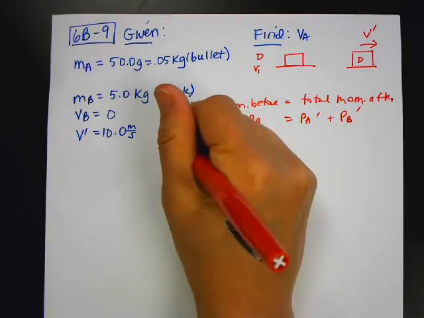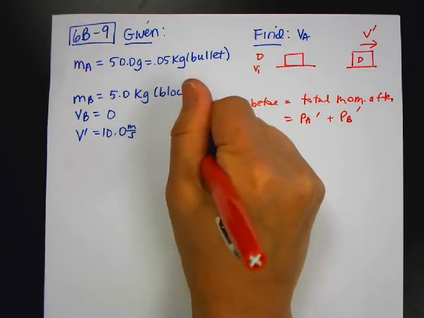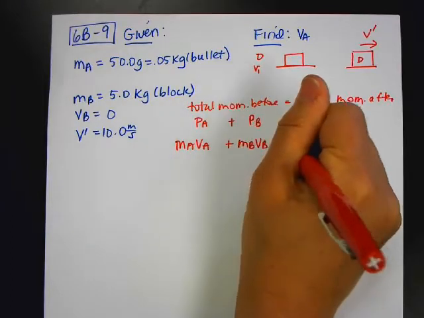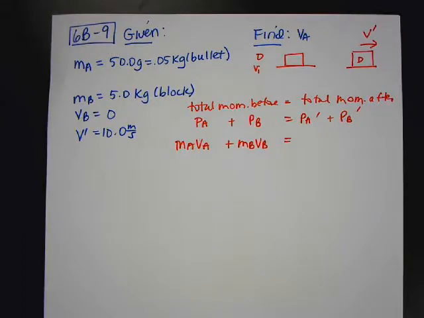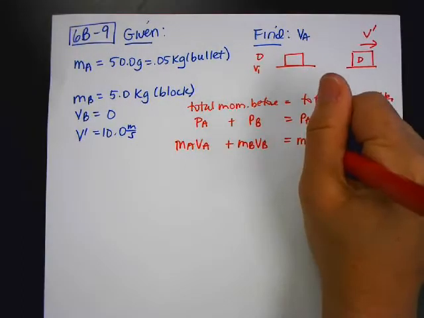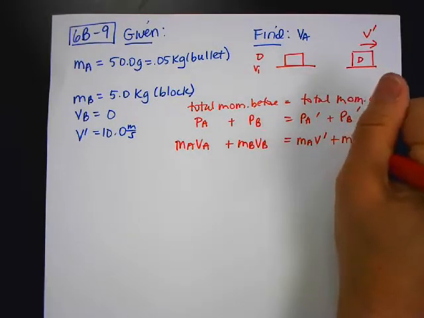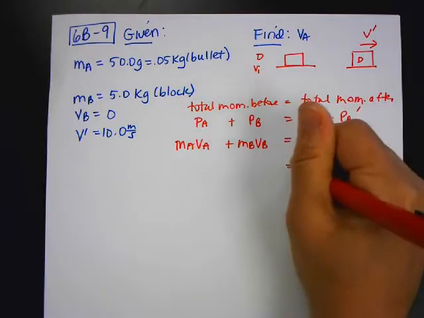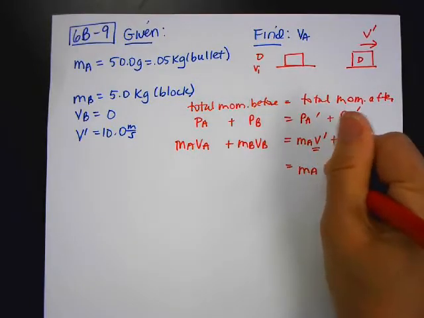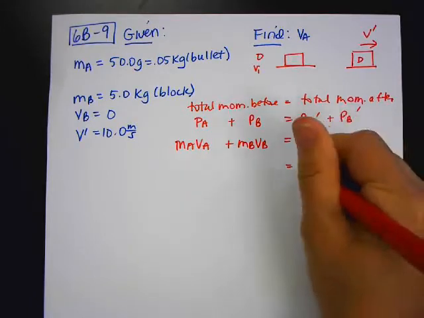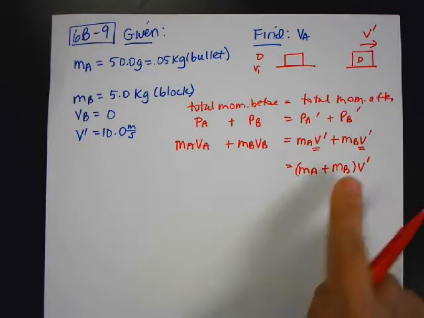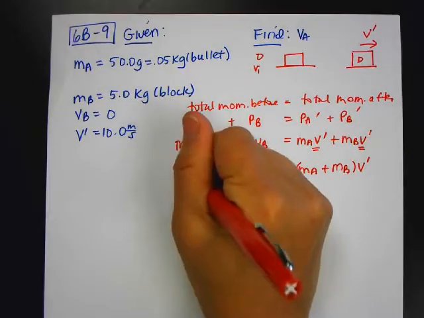The momentum of A is going to be MAVA, and this is going to be MBVB. I'm just going to derive the equation we're going to use. So this is going to be MAV prime plus MBV prime. Because these both have the same velocity, I can simplify the second half of the equation and just say V prime. But most of the time in a problem like this, you're just going to know that this is what we're going to use to solve the problem.